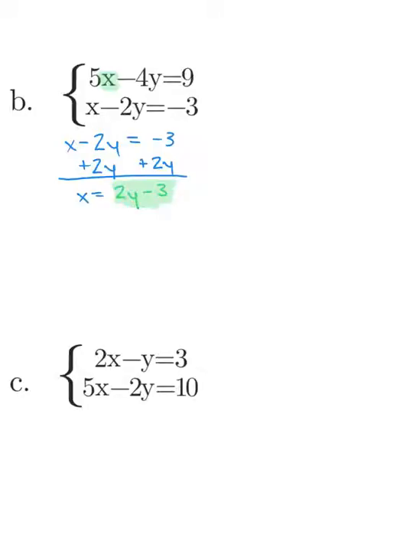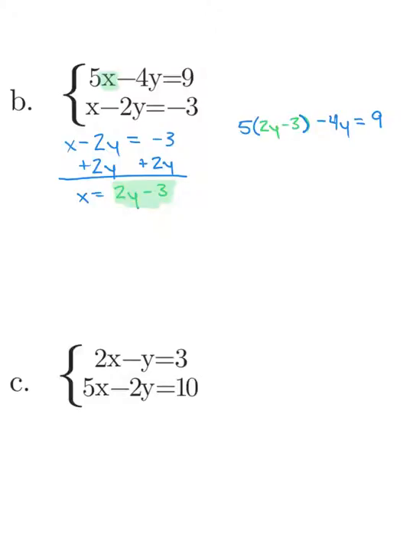So if we do that, we get 5 times 2y minus 3 minus 4y equals 9.